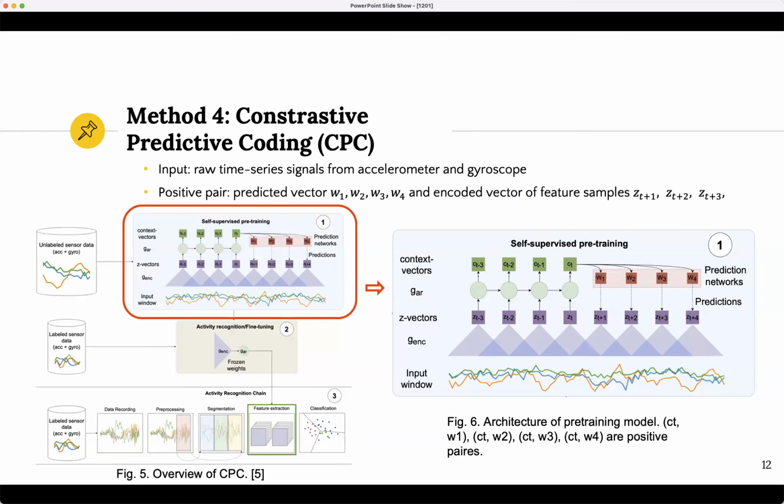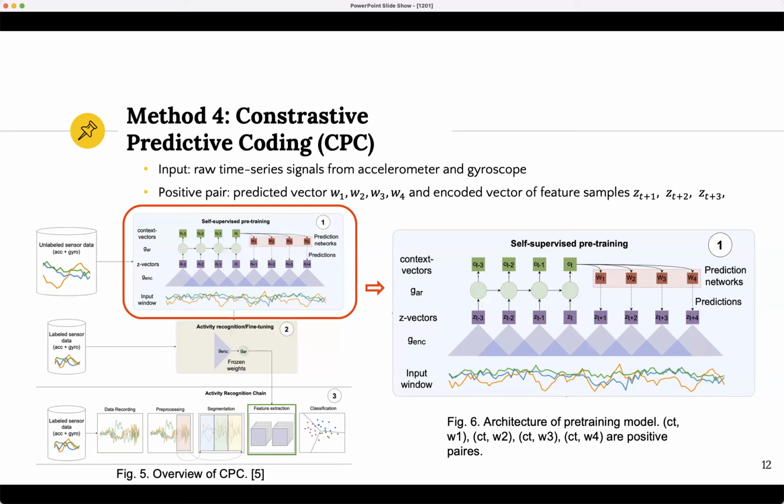And method 4 is named contrastive predictive coding, CPC. As the name tells, the pretext task involves contrastive and predictive. Specifically, you can have a look at figure 6. It's the architecture of the pre-training model.